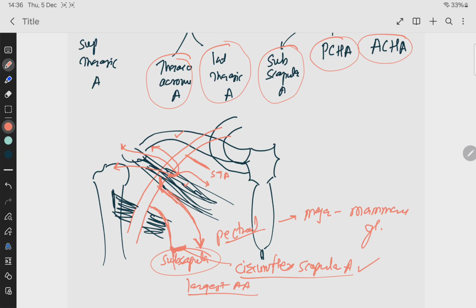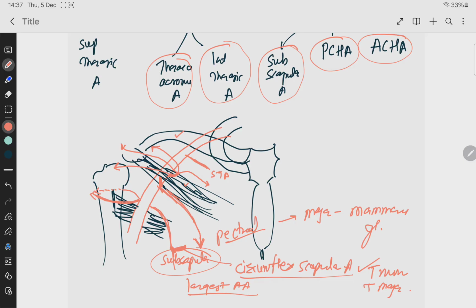So its major branch is the circumflex scapular, which passes through the upper triangular space, winds over the lateral border of the scapula and supplies it, passing between the teres minor and the teres major muscle, okay. Then there are the two branches going laterally. One is the anterior circumflex, it goes to the anterior part of the surgical neck of the humerus, and posterior circumflex goes to the posterior part of the surgical neck of the humerus.